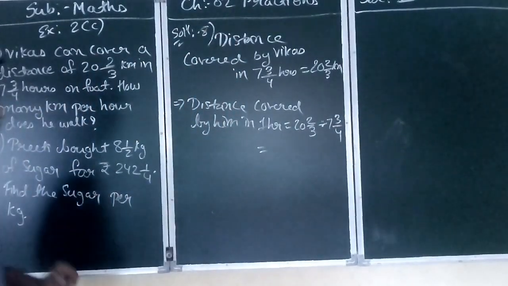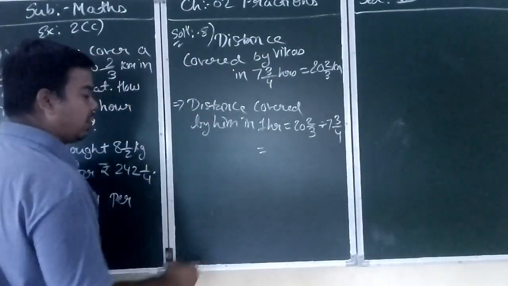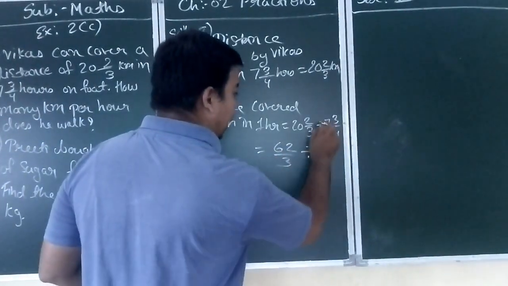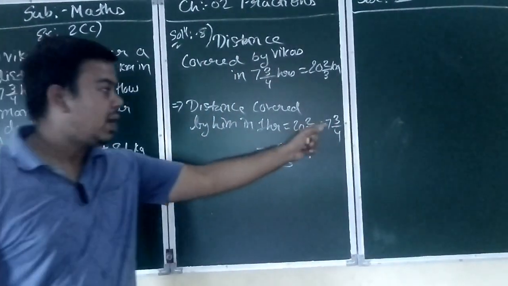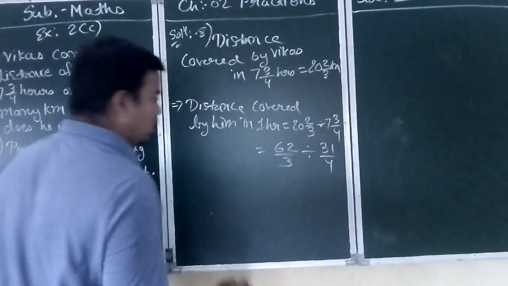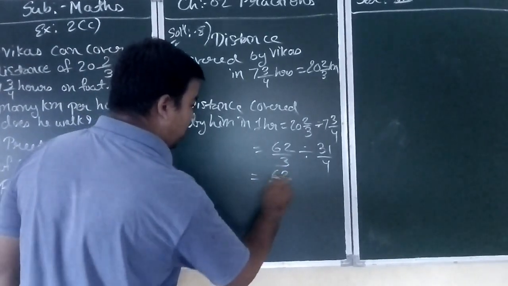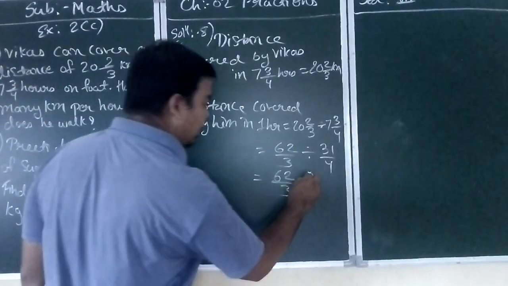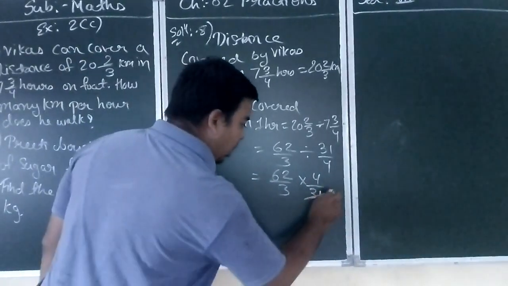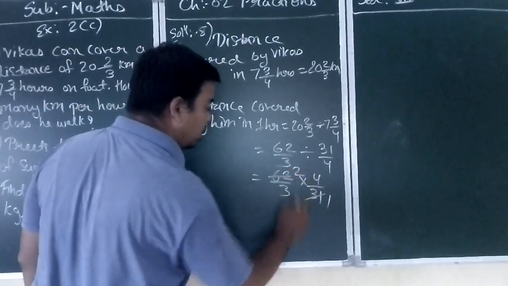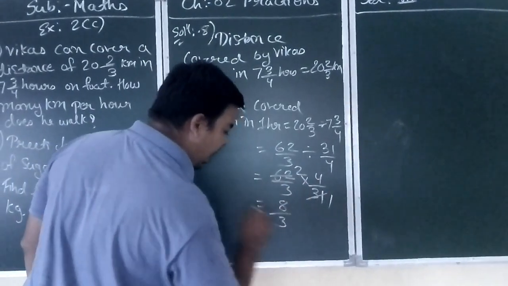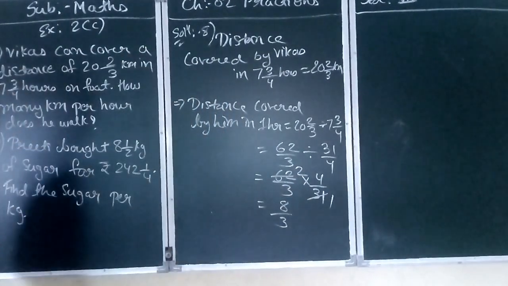22 by 3 means 7 into 3, 21, 21 plus 1, 22 by 3. Divided by 7 3 by 4, 7 4s are 28, 28 plus 3, 31 by 4. 22 by 3 divided by 31 by 4, change into multiplication 4 by 31. 31 into 2 is 62... then 4 into 2 is 8, 8 by 3.